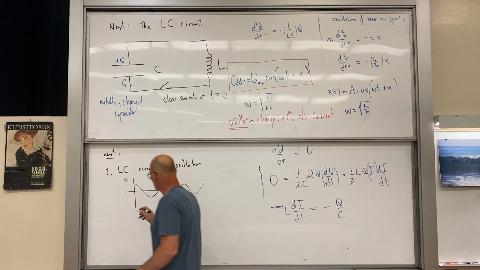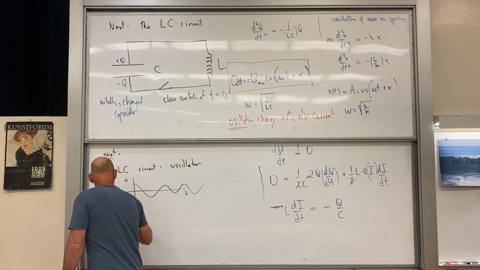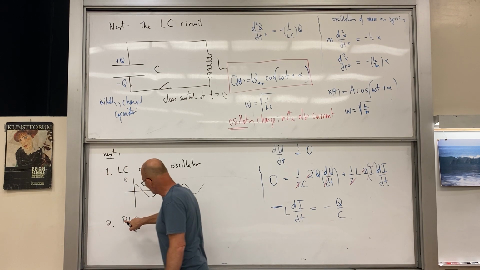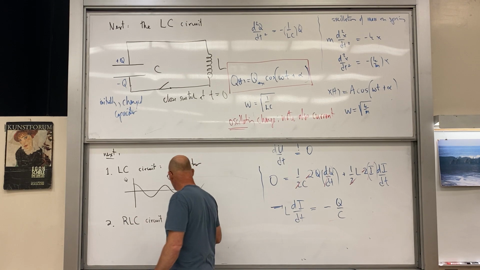So the next circuit would be the RLC circuit. Now we know that the resistor dissipates energy. Let's draw it like this.